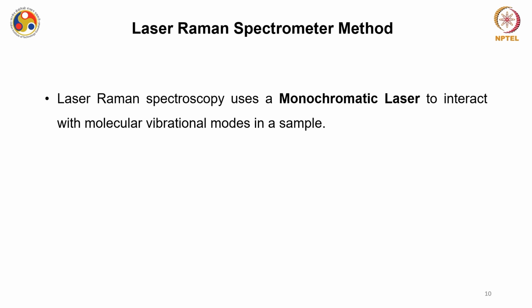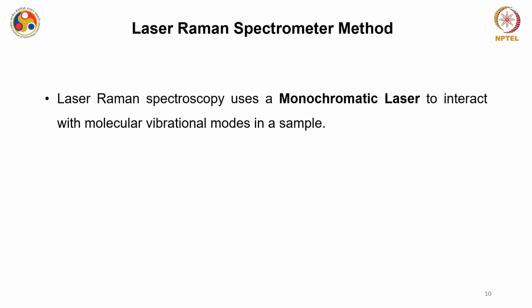Let's talk about the laser Raman spectrometer. We all have seen a laser Raman spectrometer, but let us see how we can extend it for the measurement of force. Laser Raman spectroscopy uses a monochromatic laser source to interact with molecular vibration modes in a sample.